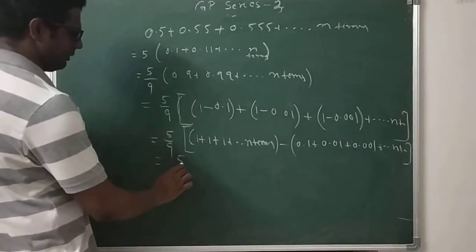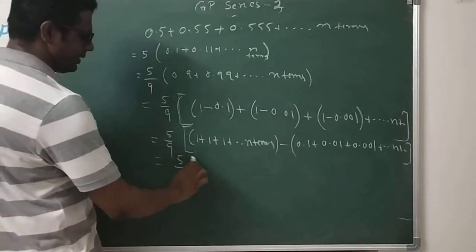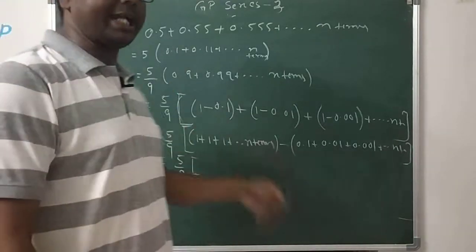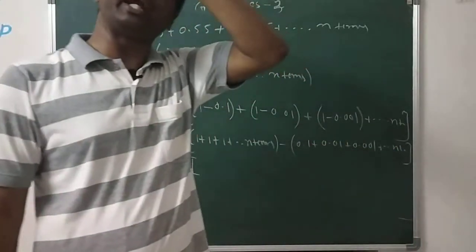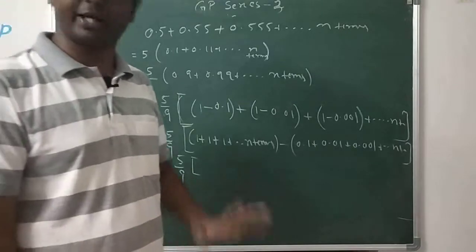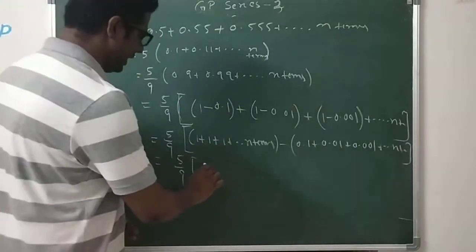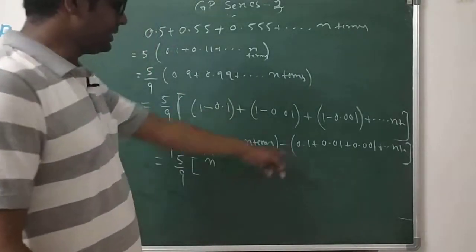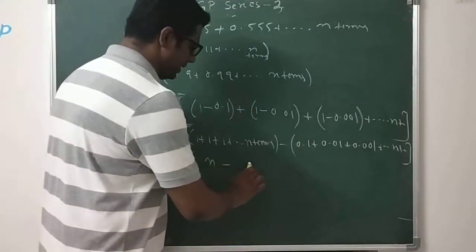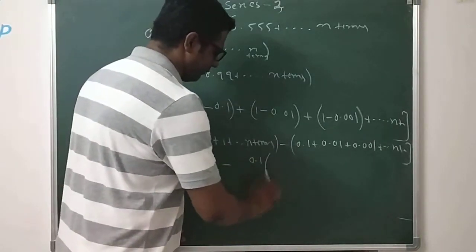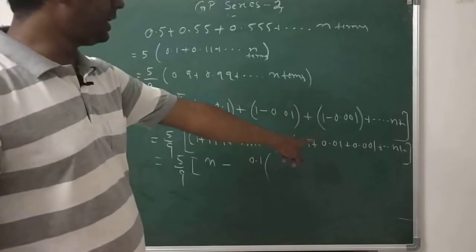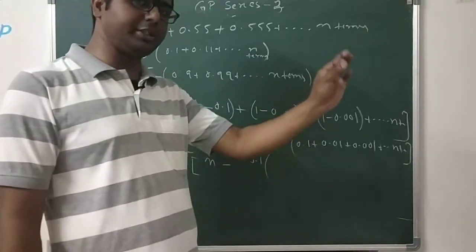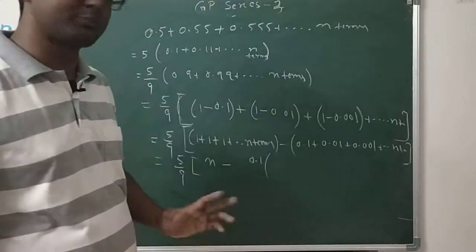So here it will be 5 by 9. 1 added n times: suppose you are adding 5 ones, then how much will you get? 5. So n times means you will get n. This is a simple GP series. You can see the first term is 0.1. Then what is the common ratio? 0.01 divided by 0.1 is 0.1.